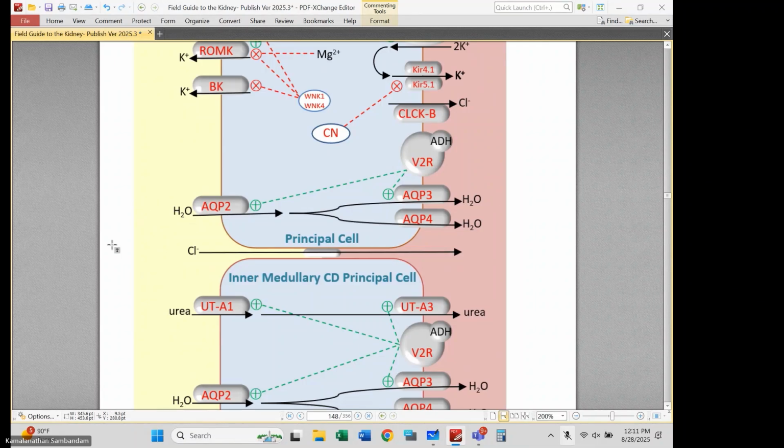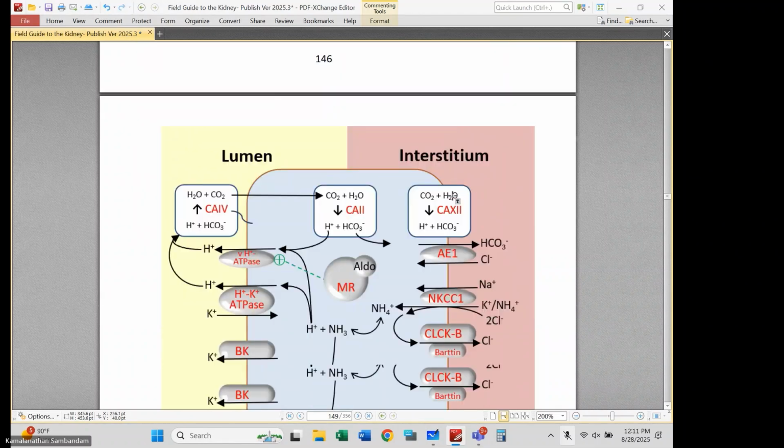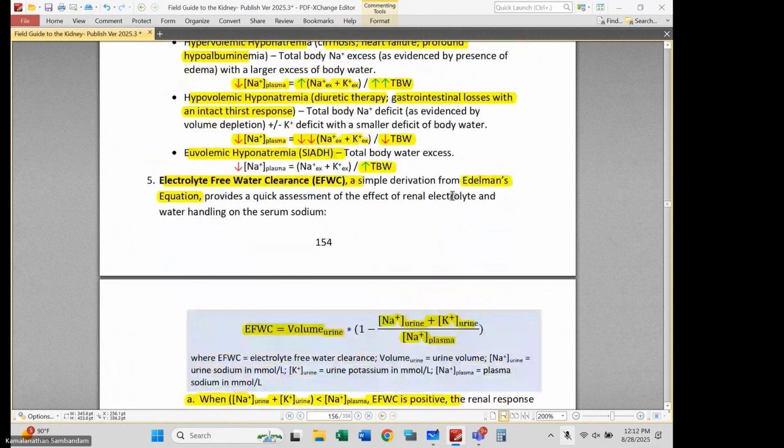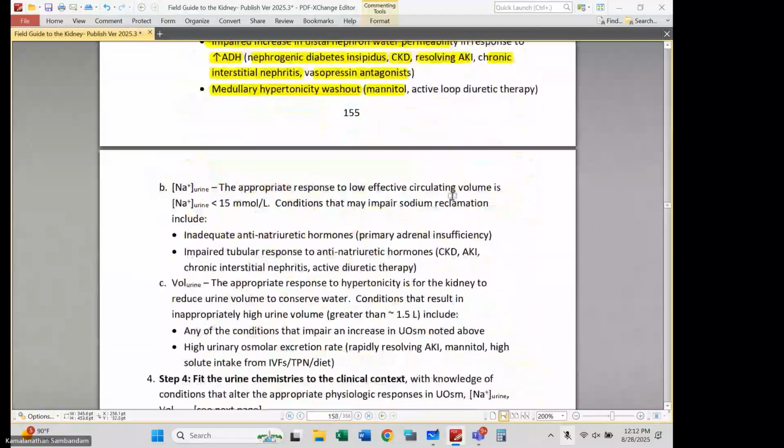But mannitol, if it is in the tubular lumen, that would retard the reabsorption of water. So mannitol is an osmotically active particle. It also results in an increase in medullary blood flow, decreasing the tonicity of the medulla. And so there's more than one mechanism whereby mannitol can impair water reclamation.